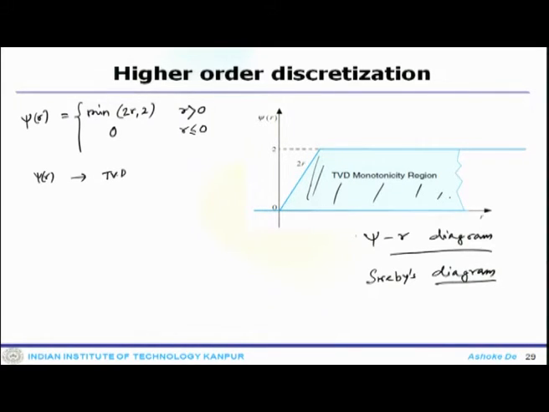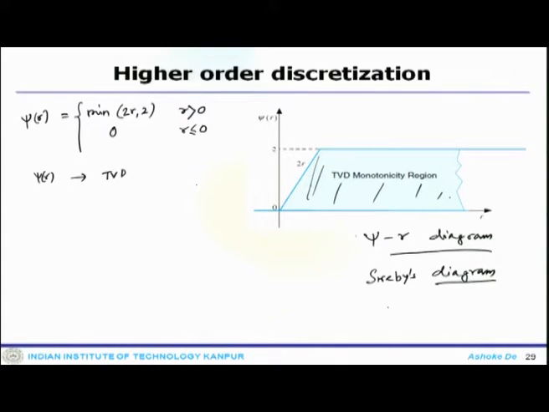This diagram is very similar to the NVD diagram, the normalized variable diagram, that we discussed earlier. Now, the limiters for all these schemes presented so far can be derived, and their functional relationship can also be drawn on this particular diagram.